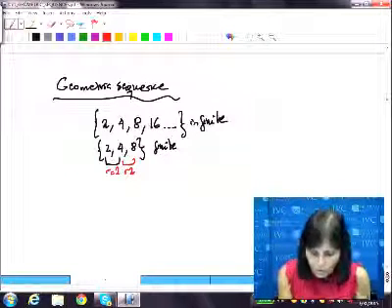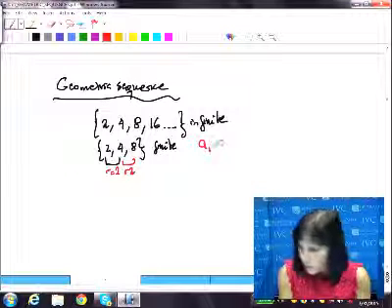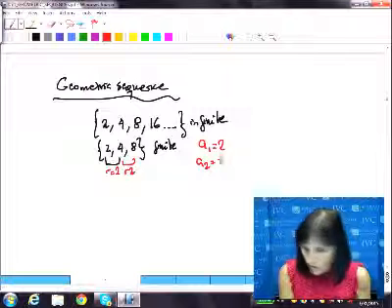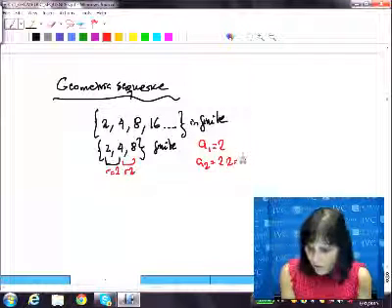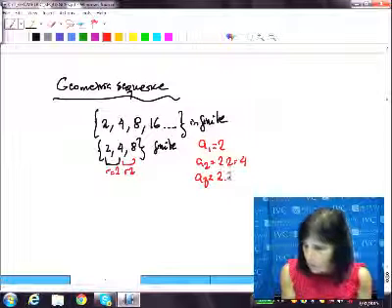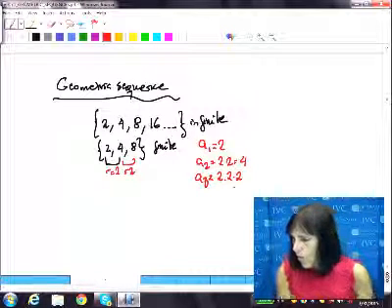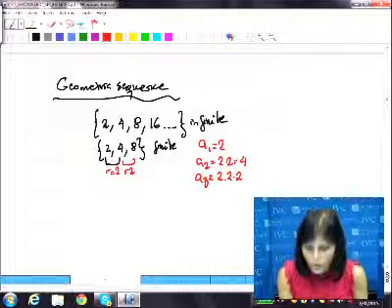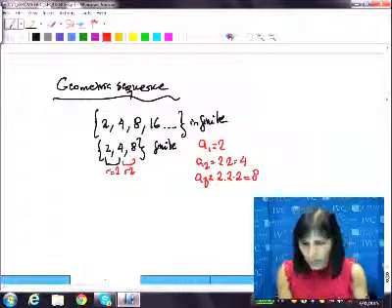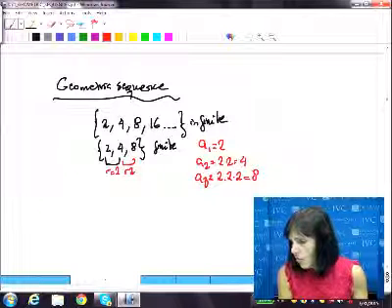You can also write it like that: the first term is 2, the second term is 2 times 2, and the third term is 2 times 2 times 2, and so forth. Or you can just write 2, 4, 8, and so forth.